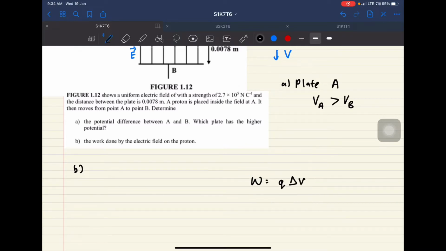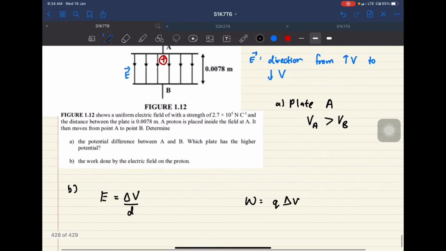For delta V, you can use E equals delta V over D. That one formula. This one is valid for two metal plates, a uniform electric field between two metal plates.